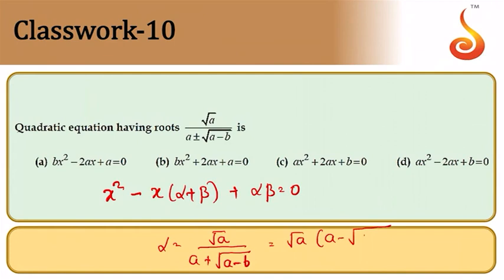Alpha is given as root a by a plus root a minus b. We can rationalize root a minus under root of a minus b. So what this becomes? A square minus a plus b, if we rationalize it.